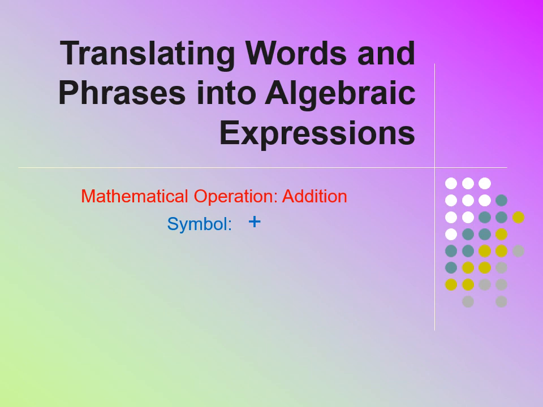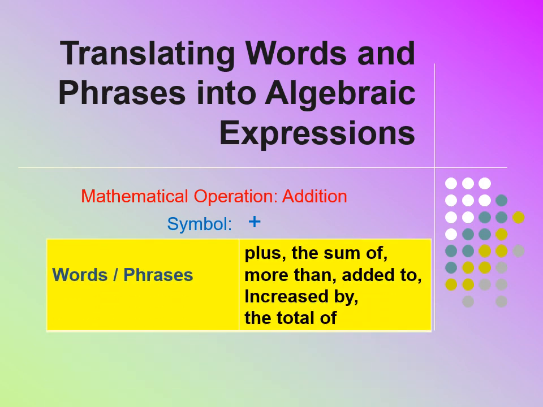So for addition, the symbol is plus. It is positive. So these are the words and phrases associated with addition: plus, the sum of, more than, added to, increased by, and the total of.